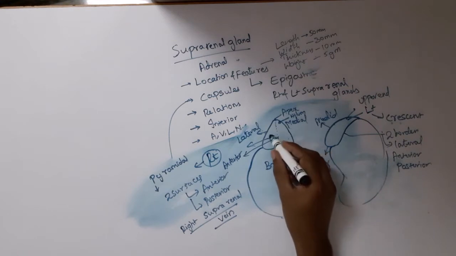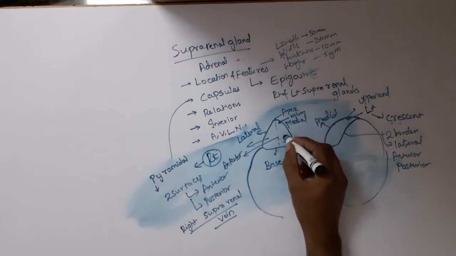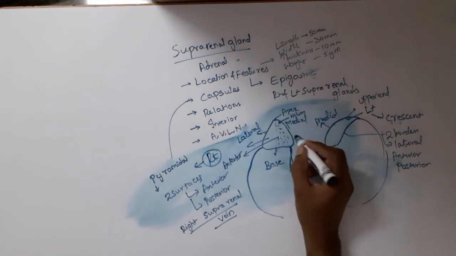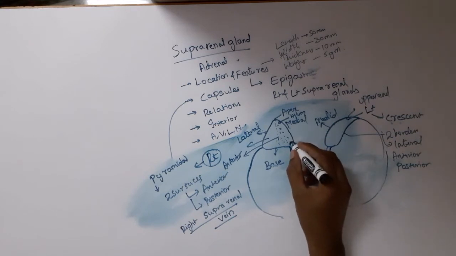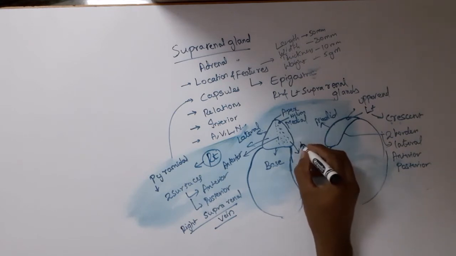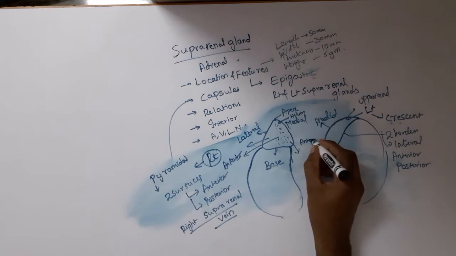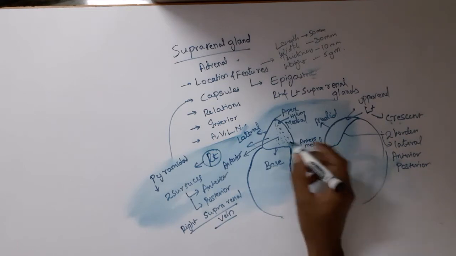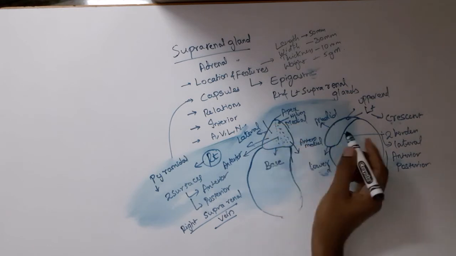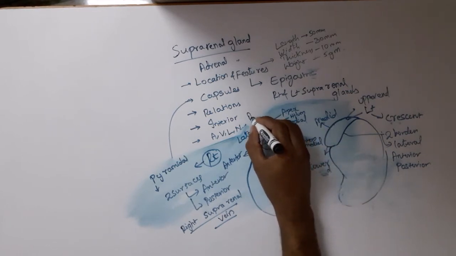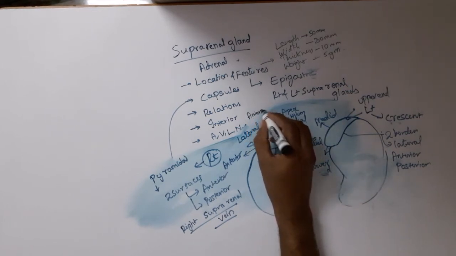This is the medial part and this is the lateral part. This dotted one we are calling the anteromedial surface, or you can say just anteromedial. This will be anterolateral.